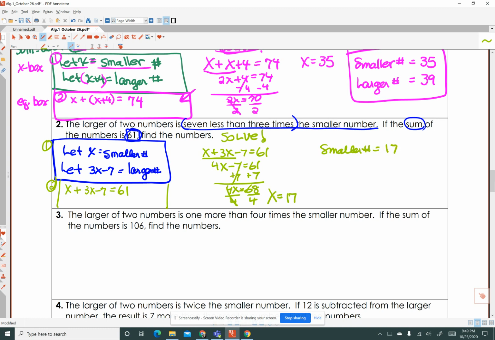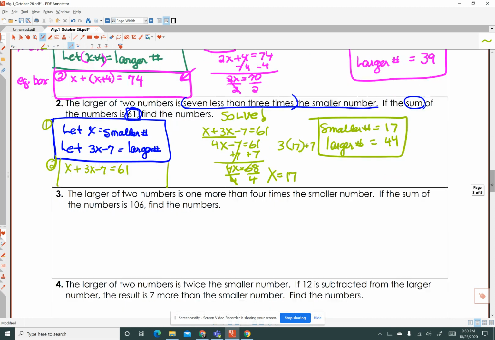And so our larger number would be 3 times 17 minus 7. So that would equal 44. And that's our final answer.